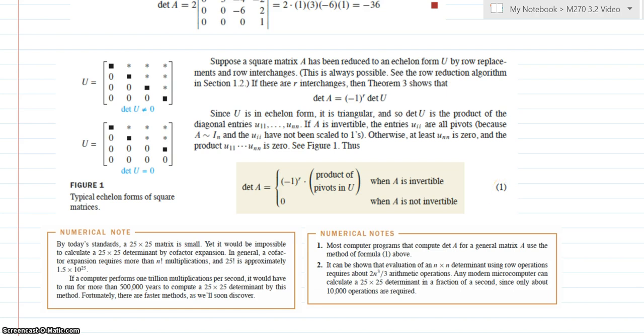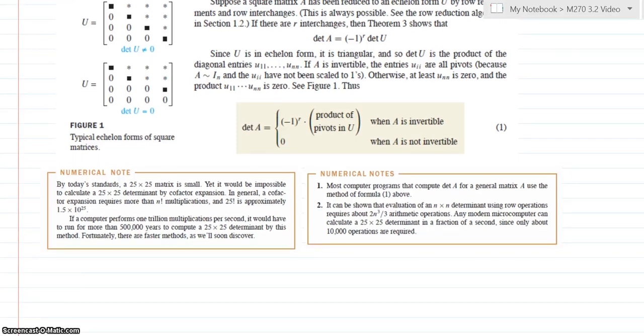It can be shown that evaluating an n by n matrix using row operations takes about 2n cubed divided by 3 operations. So a modern microcomputer can calculate a 25 by 25 in only about 10,000 operations, much smaller than the method in the last section for larger determinants. So that was just a note for you computer programmers out there.